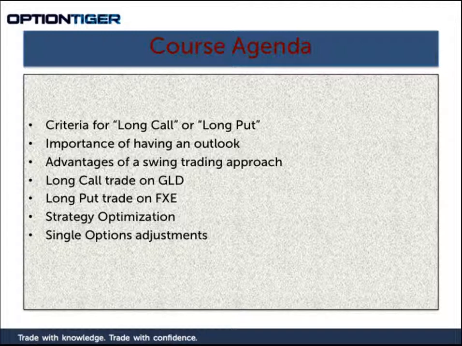So you have to have an outlook before you take up a position like a long call or a long put. And you have to have certain validations for having that kind of an outlook. So here we look at how you can look at some of these validation points.